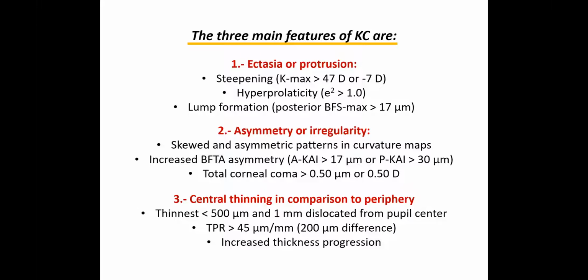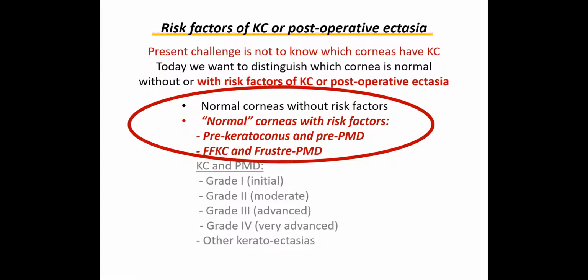These are the three main features of keratoconus, okay? And now we have to see what are the corneas with signs of keratoconus, but without ectasia.